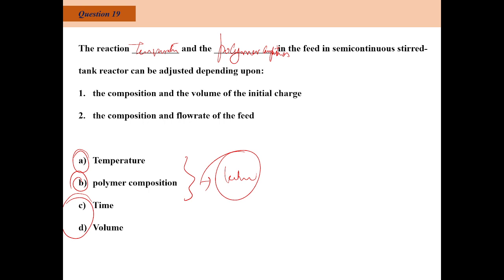When I do it in batch mode, I can have very precise control of the initiator concentration, and termination also I can control. But when we go for continuous polymerization, you can add initiator and monomer along with the polymer. It's a solution polymerization with the solvent, you go ahead. But termination, you have to do separately.